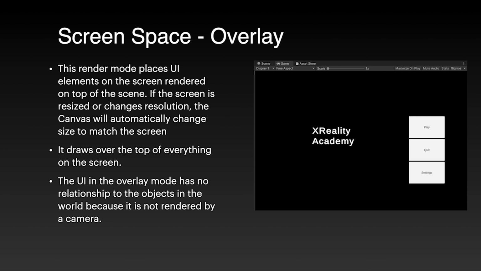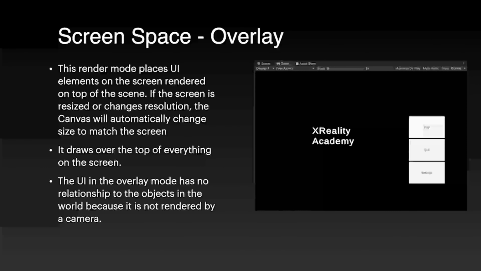So on the screen, you only see this, right? And you can tap it, you can interact with everything here, but there's nothing related to the world, any 3D object or anything. It's just like a filled entire screen with some basic stuff that you can interact with. So that's screen space overlay.